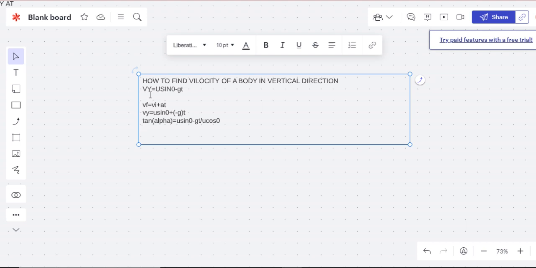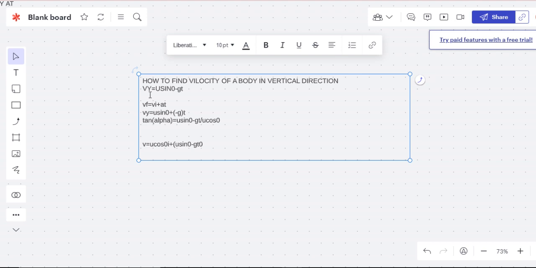Now, how can you find the overall velocity of a body? We know that the velocity V is equal to u cos theta i-cap plus, in brackets, u sin theta minus gt.